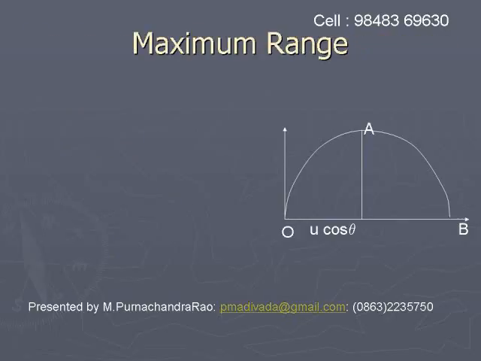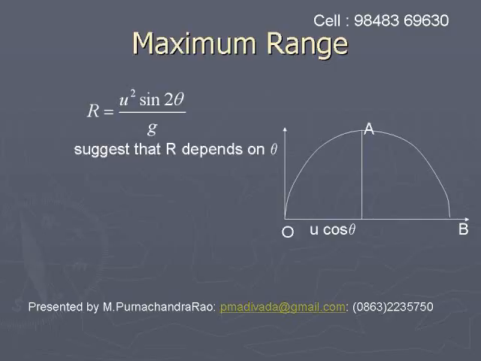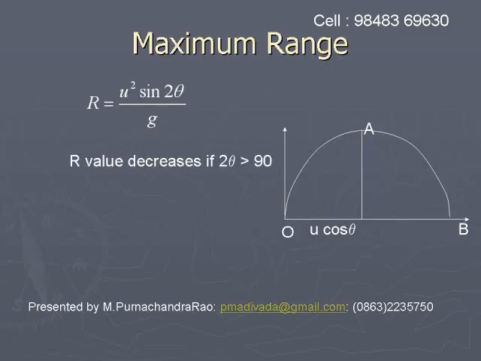Maximum range. The relation R is equal to u square sin 2 theta by g suggests that R depends on theta. As theta increases, R will also increase. And when 2 theta is beyond 90, once again the R value decreases.